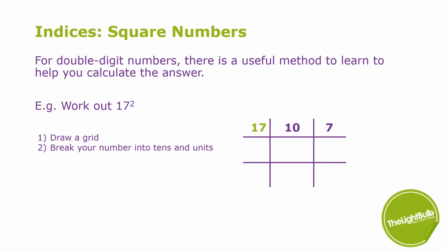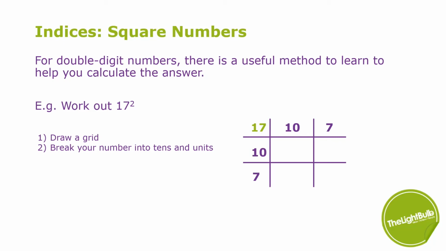We're also going to do the same for the row headings. So the 10 and the 7 are also going to go on the left-hand column beneath the 17 to make row headings as well. So we've now filled in most of this grid already. And we've scarcely done anything other than break the number down into tens and units.